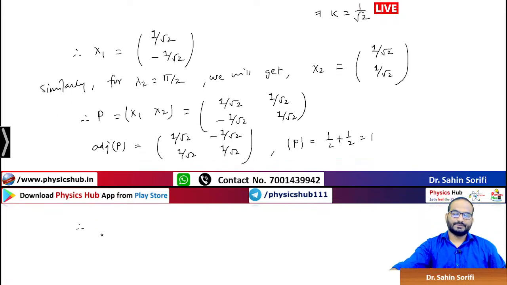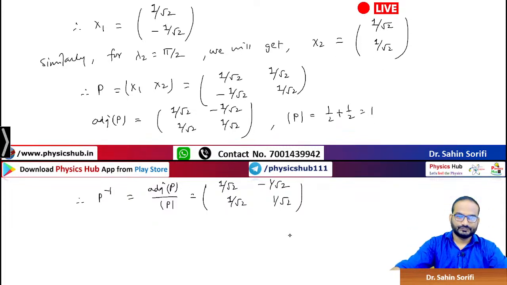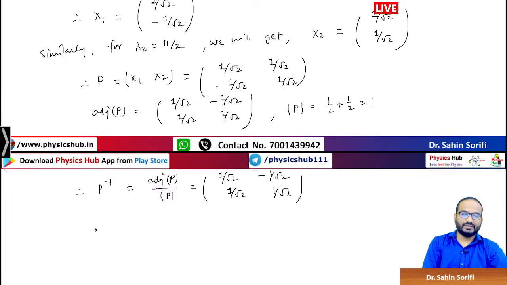So P inverse is adjoint of P by modulus of P. So adjoint of P is basically 1 upon root 2, minus 1 upon root 2, 1 upon root 2, 1 upon root 2. So you got P inverse.